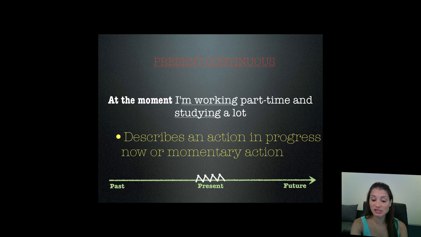Differently from the first sentence, where we were describing a routine, this sentence is also located in the present, but take a look at the difference. It's something continuous that doesn't stop. So at the moment, you're working part-time and you're studying a lot. This action is momentary, meaning that you're just doing it at the moment. Maybe in a few weeks you're not doing that anymore.